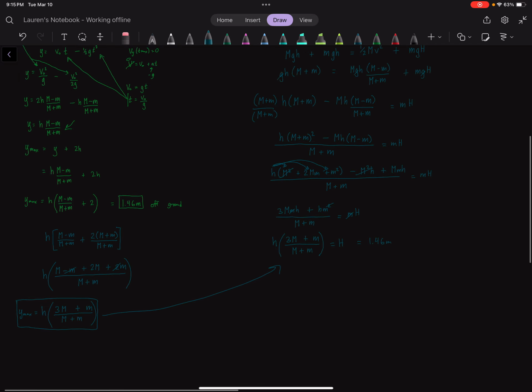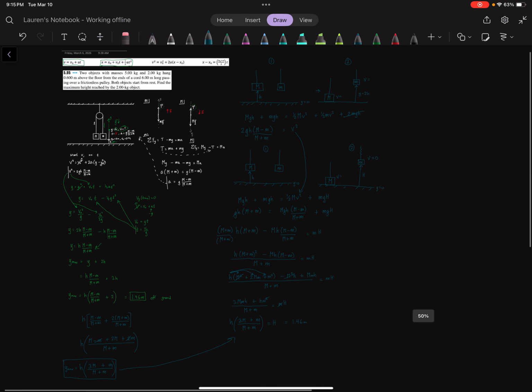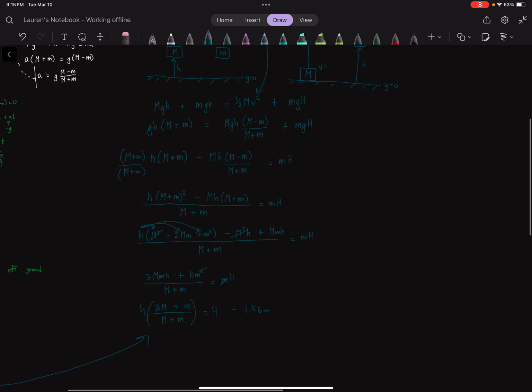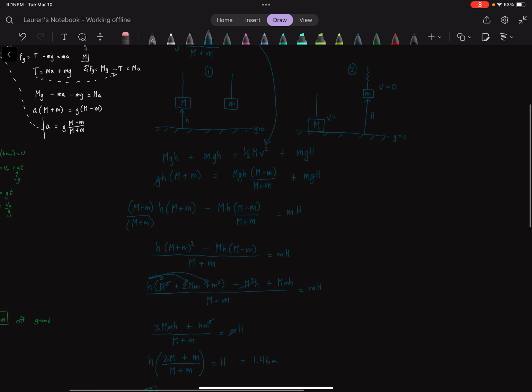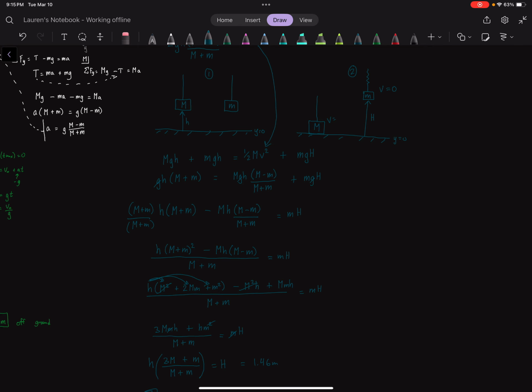So energy is easier. Maybe this looks like about the same amount of work, but that's only because I kind of am obsessed with simplifying things. So way back at, way back at like this point, you could have just kind of thrown everything over and solved, right? Or maybe this point. But that is pretty nasty to plug into the calculator.